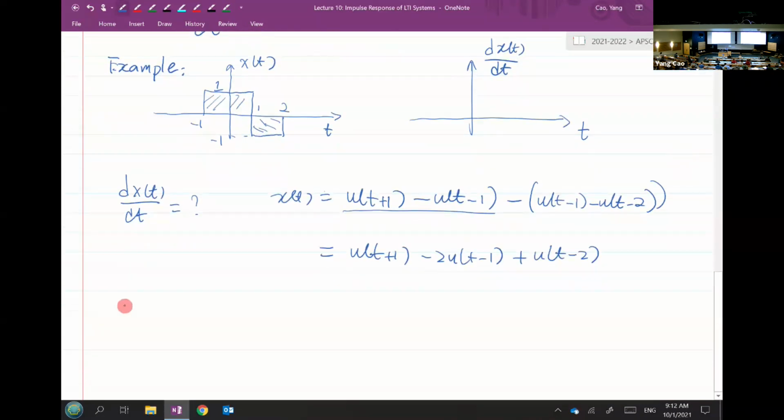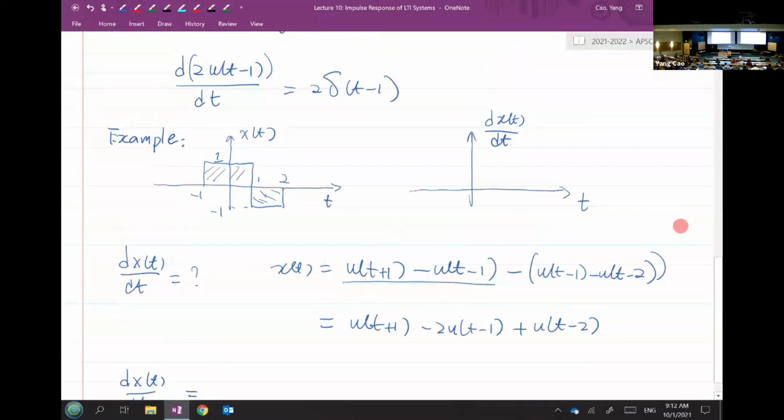Now you can calculate the derivative of this x of t. The derivative involves the derivative of multiple unit step functions, so you can make use of the results we derived from the previous lecture.